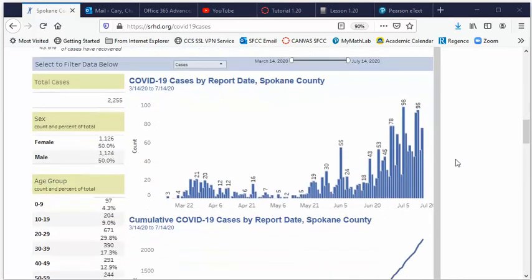Alright, so here we have the number of cases per day. And you can see back here, this is when they shut the schools down. But this is what's happening right now. I was so excited right here. I was like, oh, we did it. We got it. And then people started going out and not being careful, and now we have days between 50 and 100 new cases every day. And they were shutting down the school when we had 20 cases a day.